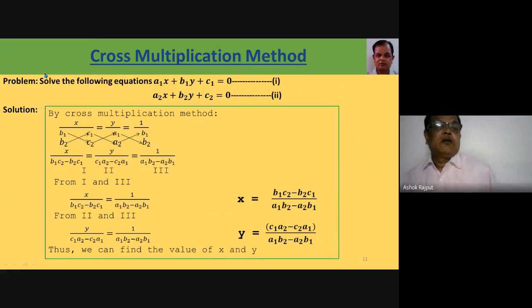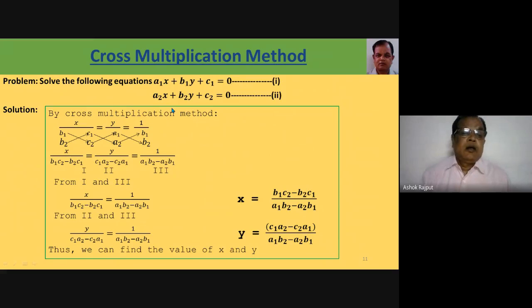Solve the following equations: a1x plus b1y plus c1 equal to 0, a2x plus b2y plus c2 equal to 0. By the cross multiplication method, first we write x and y, because the variables are x and y, and then the constant. For the constant we always write 1.